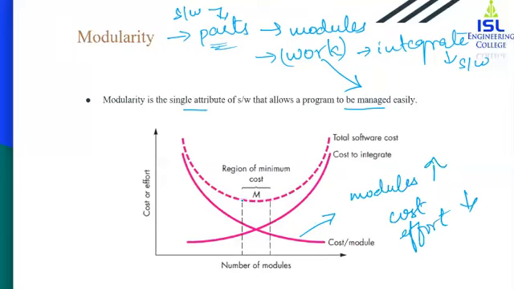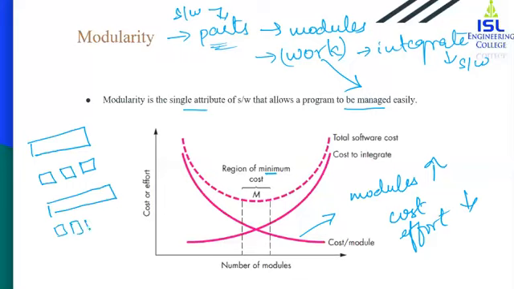So within this, you're going to identify a region of minimum cost. Suppose this is a particular software. Ideally, this software can be split into three different parts. So this is ideal. You're not going to split it into more parts, that is, you're not going to split it into 3, 4, 5, 6.